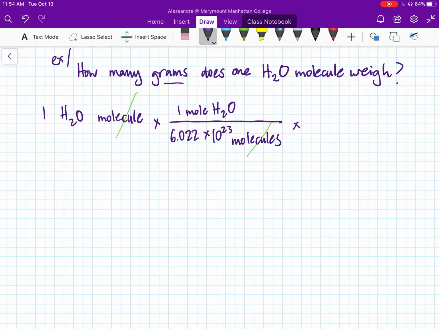Then, if I want to get to grams, I can just multiply by the molecular weight of water in grams per mole. And I'm just using MOL, mole, as an abbreviation for mole.